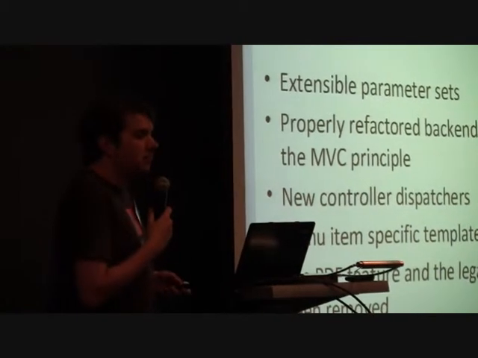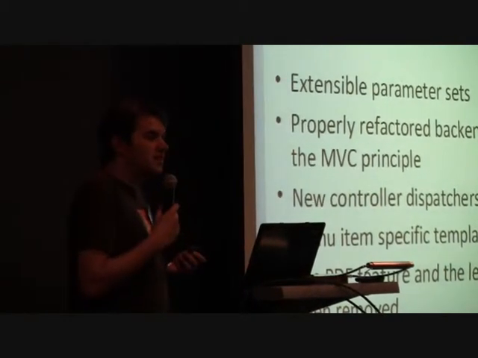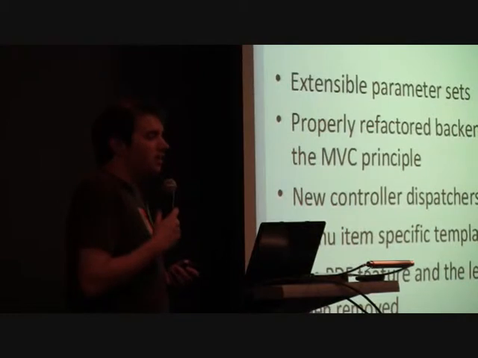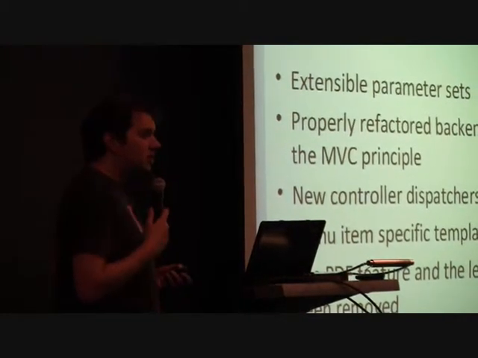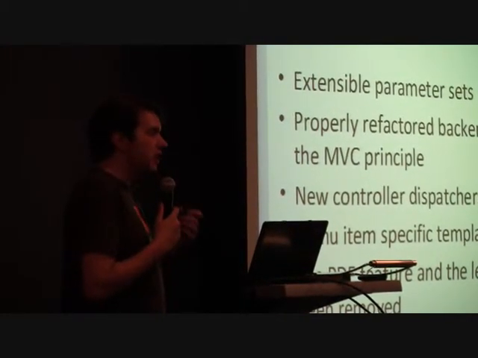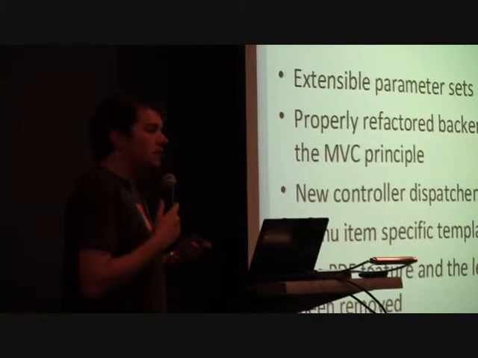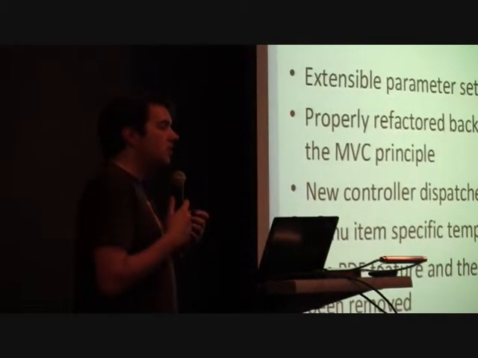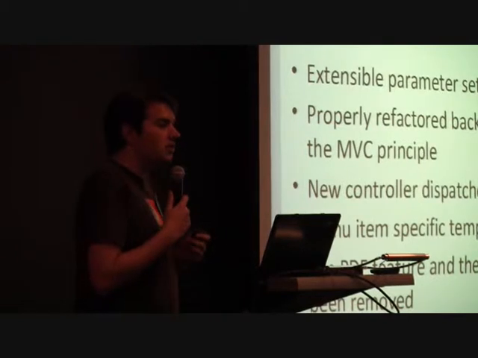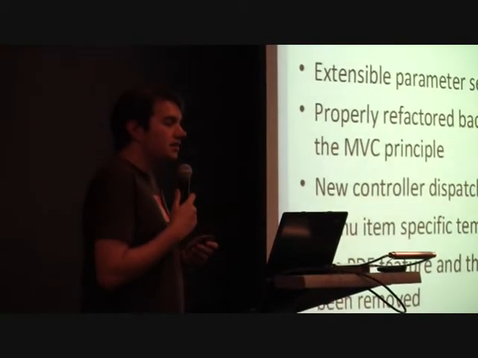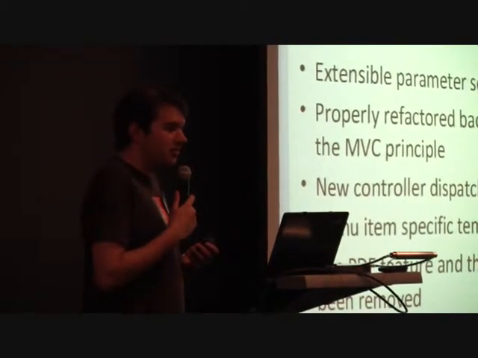All this meant, or in the worst case, you're hacking the core. With 1.6, it will be possible to extend these parameters to add your own meta tag fields, your switch for commenting for that article, and similar stuff.